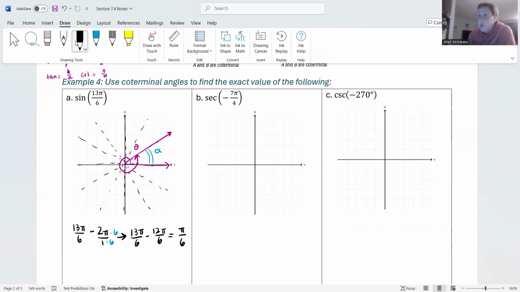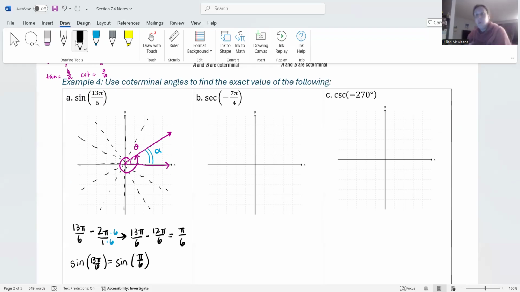So what this really means, since coterminal angles share the same terminal side, is the trig functions are going to be the same. So sine of 13 pi over 6 is equal to sine of pi over 6. And pi over 6 is one of those super common angles that we need to remember. Remember, pi over 6 is really the same thing as 30 degrees. And we should remember what sine of 30 degrees is.